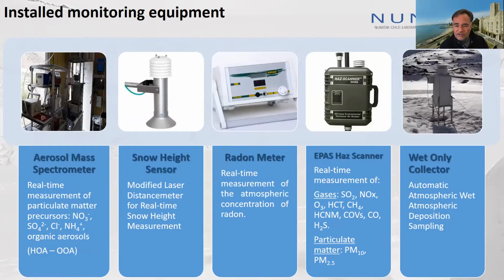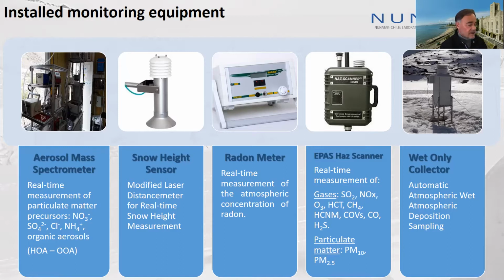Some instruments, such as the aerosol mass spectrometer, are installed during specific campaigns depending on the purpose of the study. The rest of the instruments are permanently delivering data online in real time, approximately every minute.